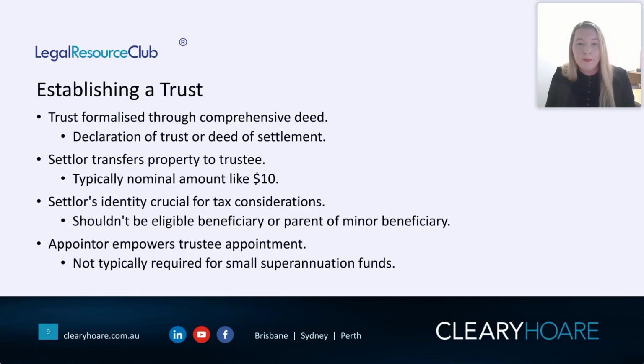So yeah, two different ways of establishing a trust. I would say in most cases you will have that normal deed of settlement, and that's what's going to set out all the different rules and obligations for managing the trust assets.